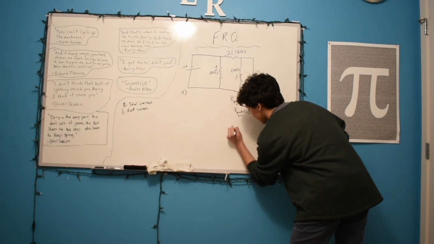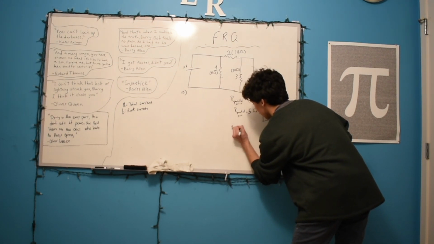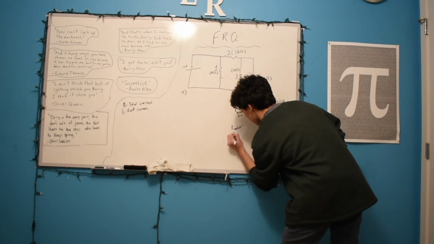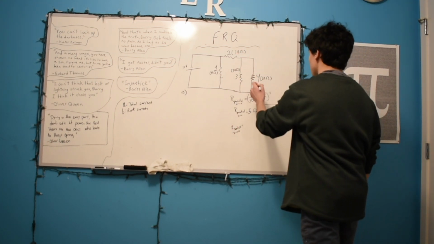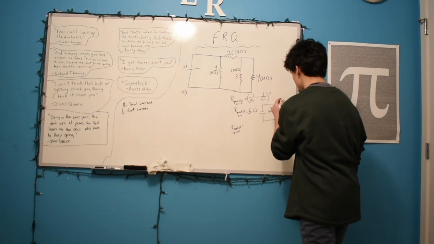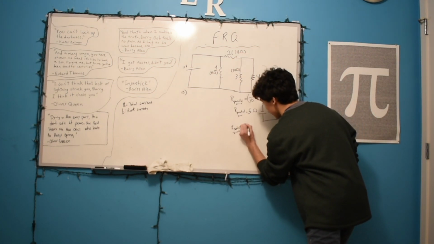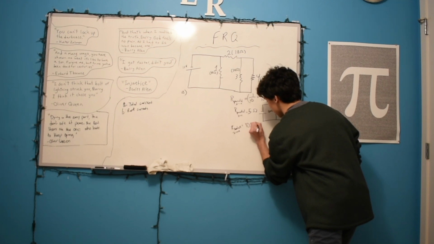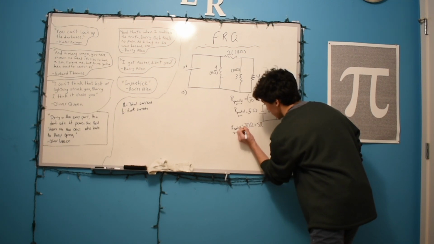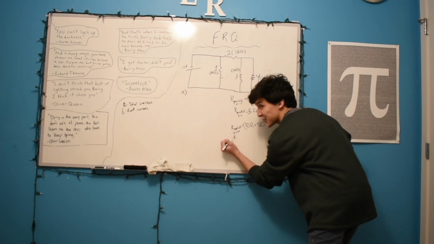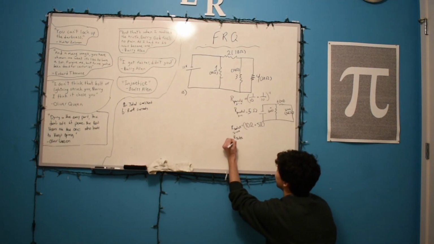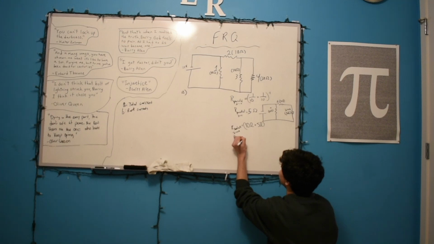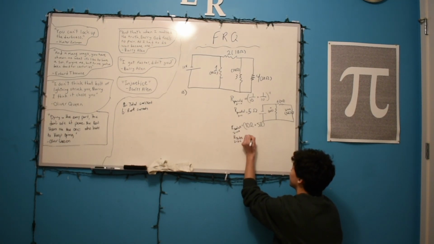Our series, which is 2 plus 3 plus 4, is 10 plus 5. Yeah. 10 ohms plus 5 ohms, right? Is this correct? Alright, and then that's 15 ohms.